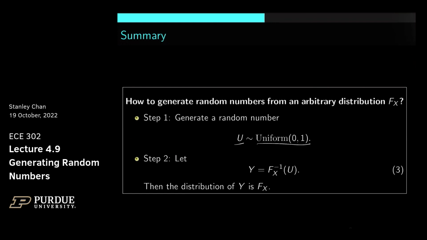And then step 2 of this inverse CDF method is we're going to take y and we're going to set that equal to the inverse CDF of your target distribution. So this is, again, the target f of x is the goal. And so you end up with the y having the CDF that you'd want.